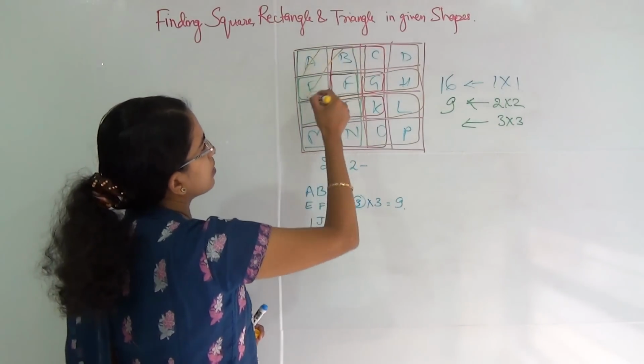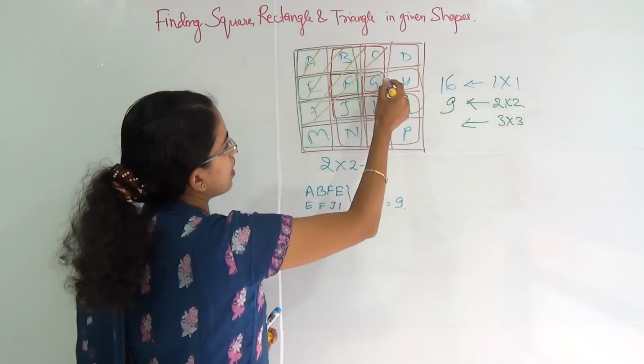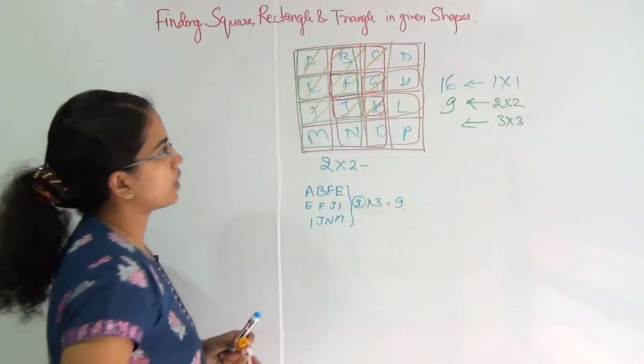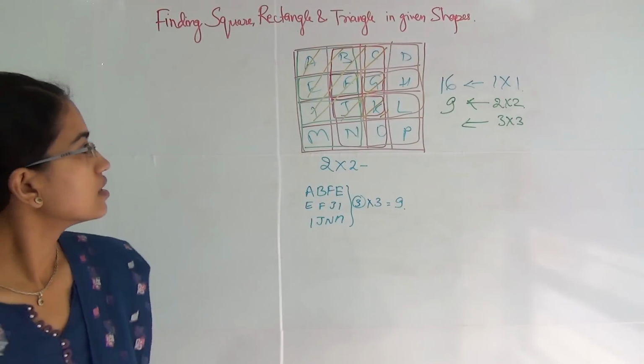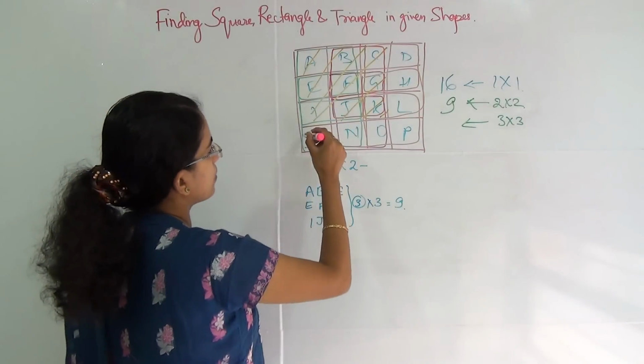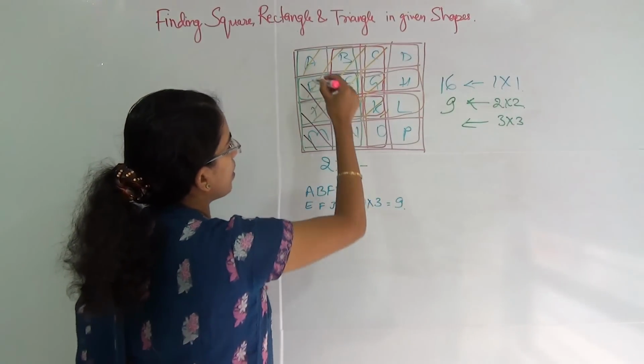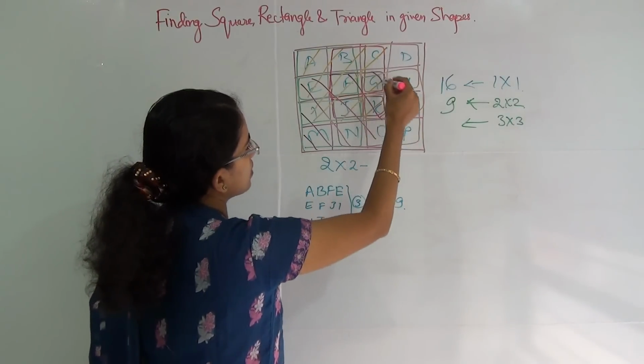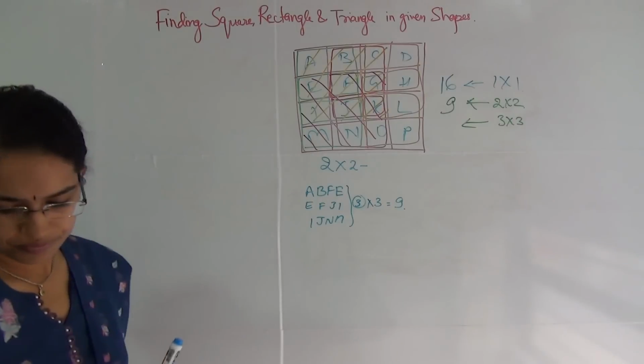So you have this as 1. Then you will have these 3 as another.